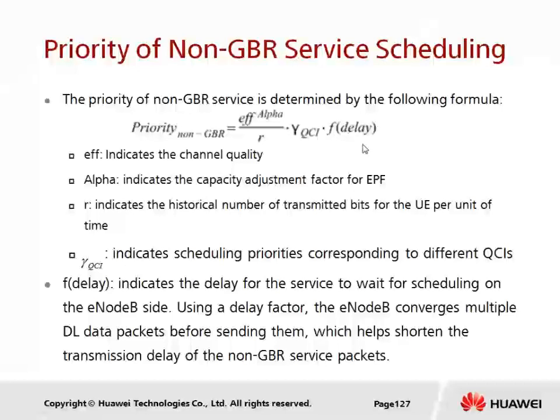Then another factor is the delay, which indicates the delay for the services. If this particular packet data has been waiting in the buffer for a longer time, then the packet is going to have a higher scheduling priority.